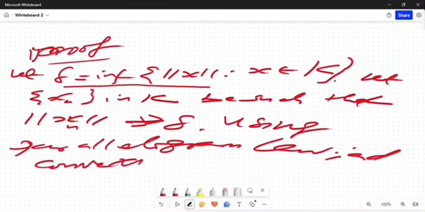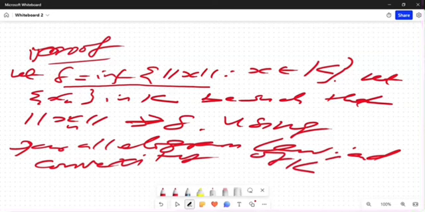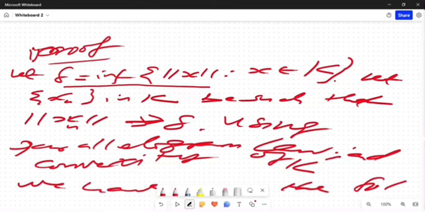Recall what convexity of a set means. So using the convexity of K, we then have the following estimates. What do we have? We have the following estimates.